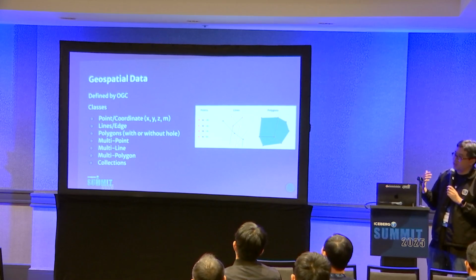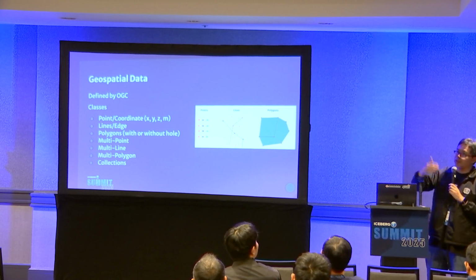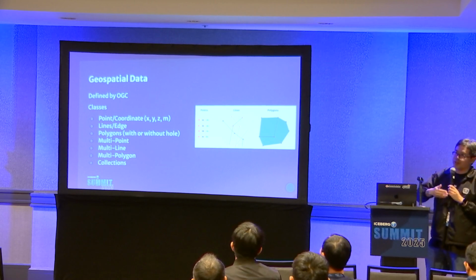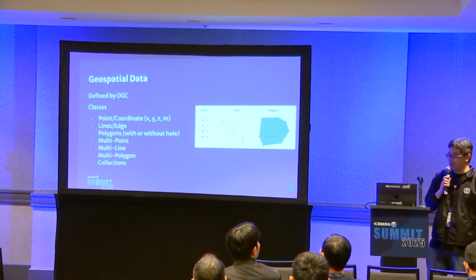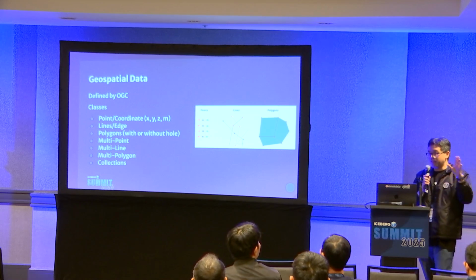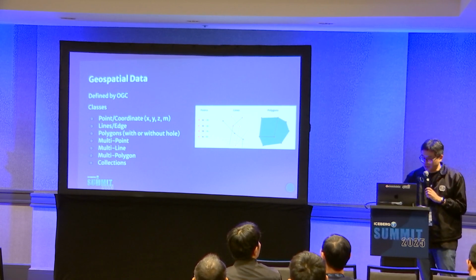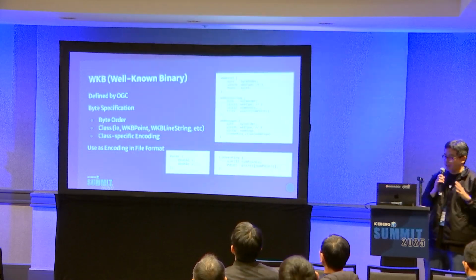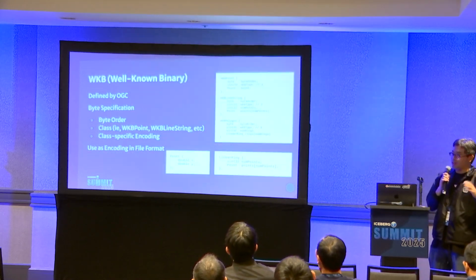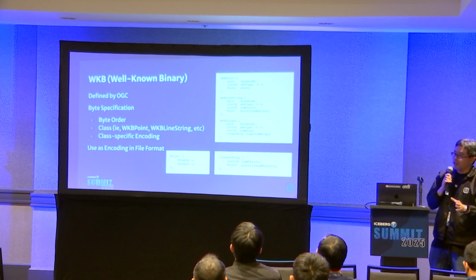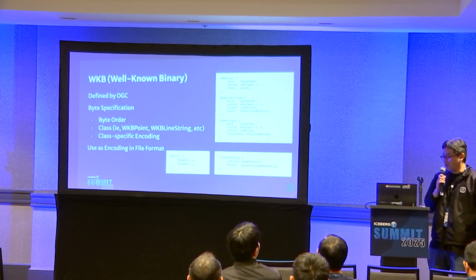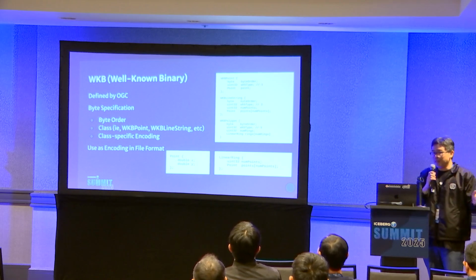Fortunately, it's always great if there's already an industry standard ahead of you, and that's the OGC, the Open Geospatial Consortium. They already define a class hierarchy for what is geodata, so we don't have to define geodata. That's great. The same body also made a specification for how to encode it to binary, which they creatively named well-known binary, WKB.